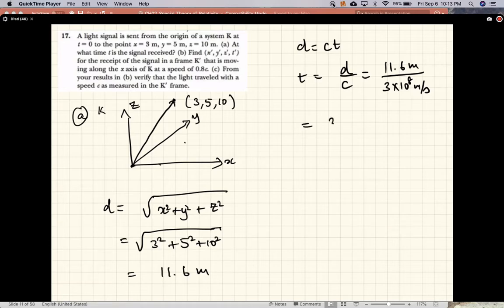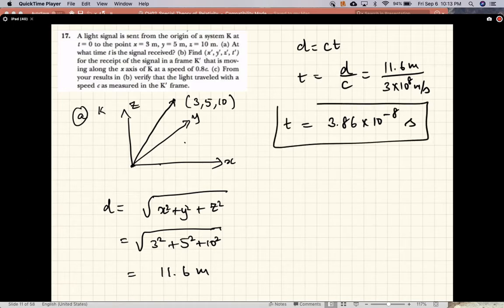And so the light signal sent at t equal to 0 will get there at 3.86 times 10 to the minus 8 seconds later, at that time.